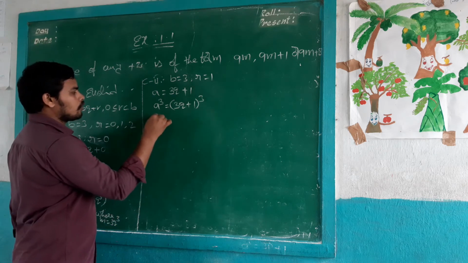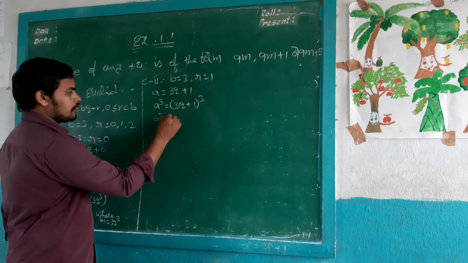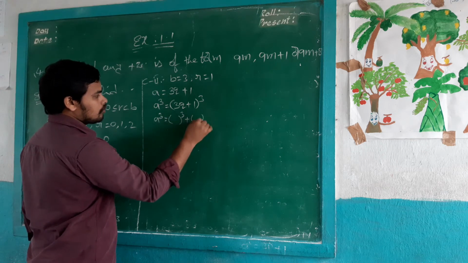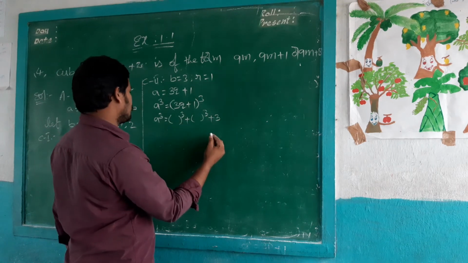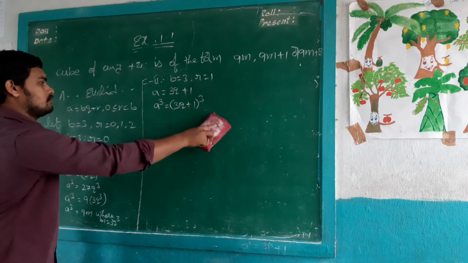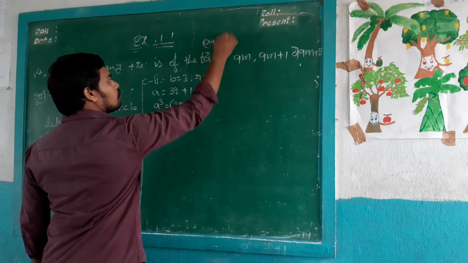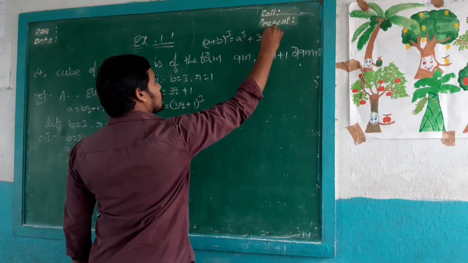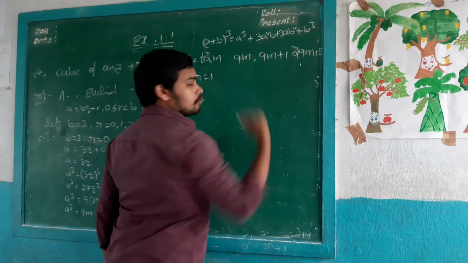Using the A plus B whole cube formula: A plus B whole cube is A cube plus 3A square B plus 3A B square plus B cube.